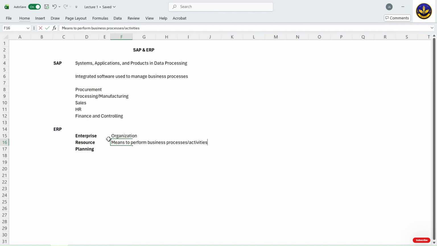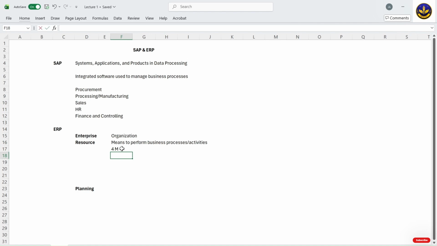Let me write down, take this planning here. There are multiple resources which are involved in any business. So we will understand with the help of 4M. Why are we taking 4M? Though there are multiple business resources, we are taking 4M for the sake of simplicity.